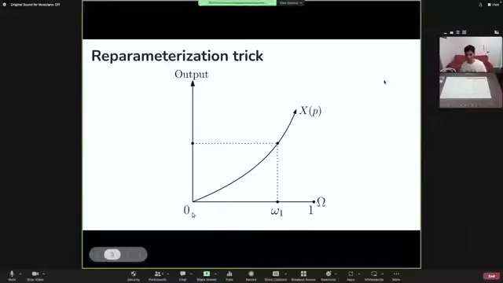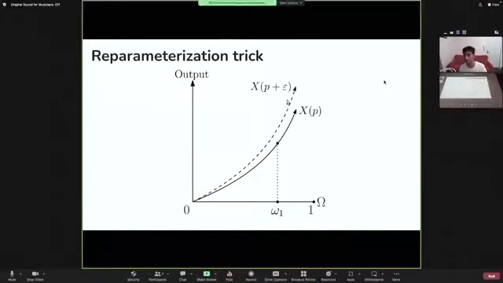This is how it looks pictorially. We're sampling this random number from omega and plugging it into x of p. This is your map, and you're looking it up on the y-axis. So that's how x of p looks. We sample a uniform from 0 to 1 and plug it in.